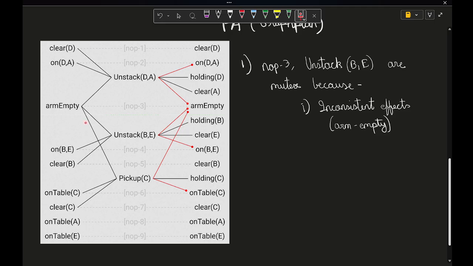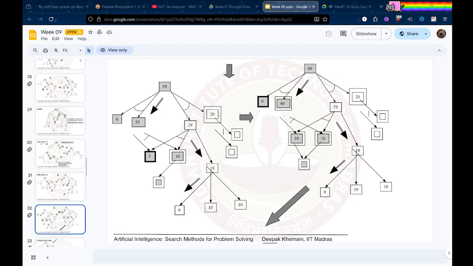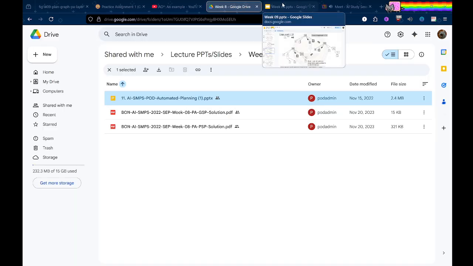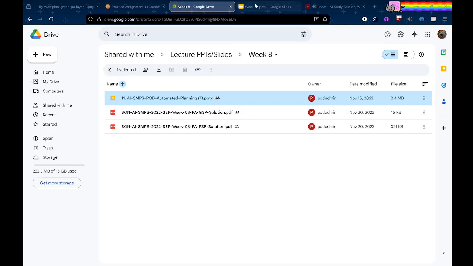There exists a proposition P such that it is a precondition of an action A and a negative effect of action B. Precondition of action A and negative effect of action B. Is that valid? Oh, I think I lost the slides.